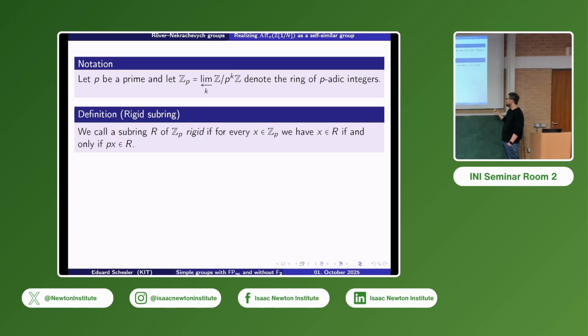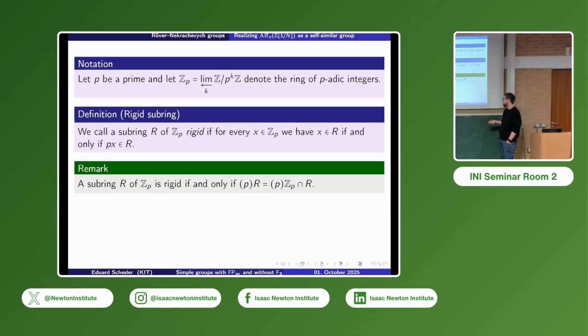So a subring R of Z_p is rigid if an element x in Z_p lies in R if and only if p times x lies in R. Or in other words, you consider the ideal generated by p in R, it is the same as the ideal generated by p inside Z_p and then intersection with R.